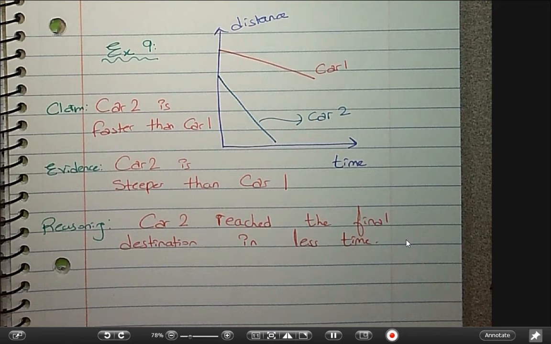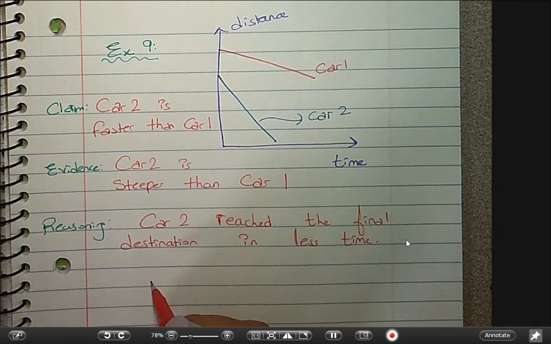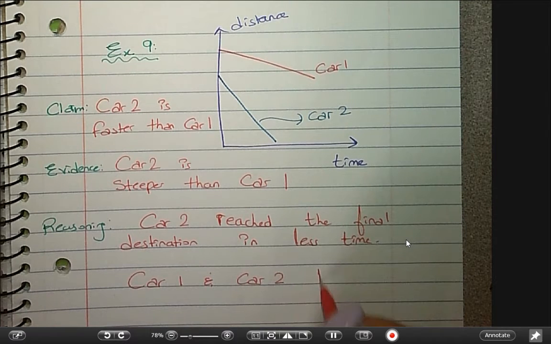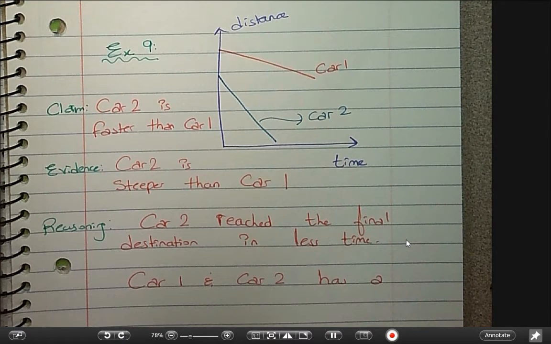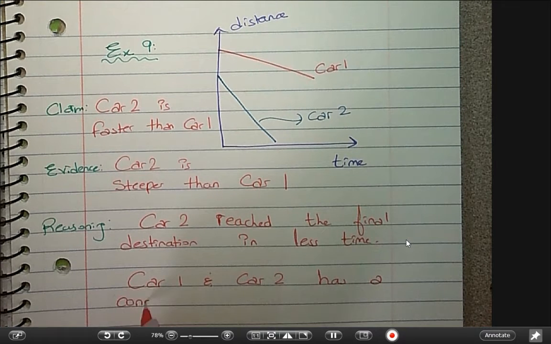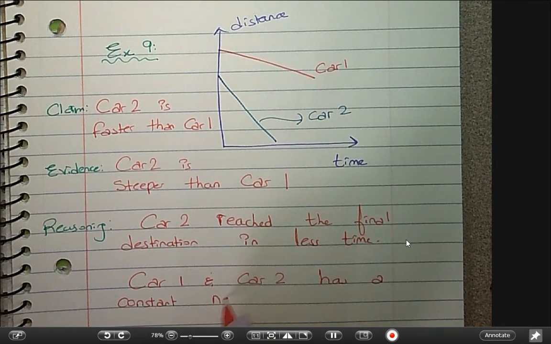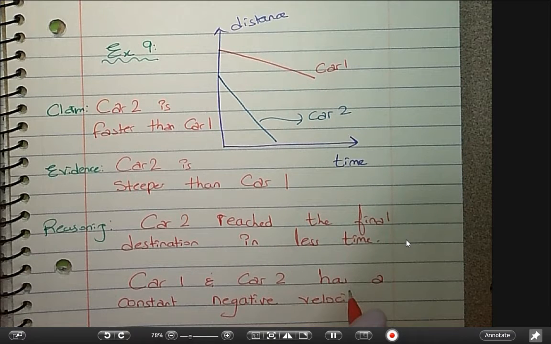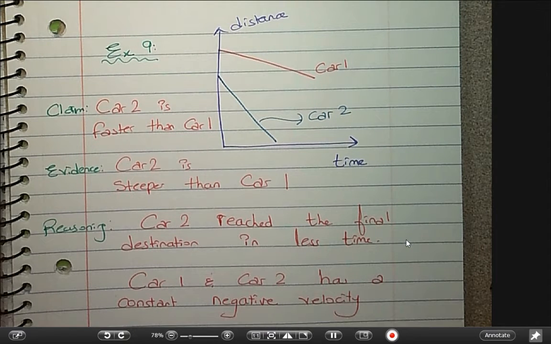And one interesting thing about it, car 1 and car 2 have a constant negative velocity. Okay, they both have negative velocity, but one of them is larger than the other, which is car 2.